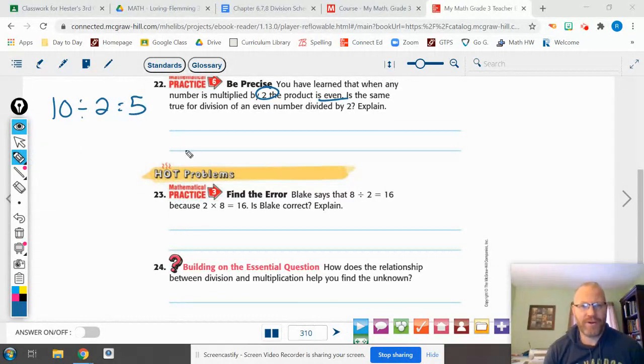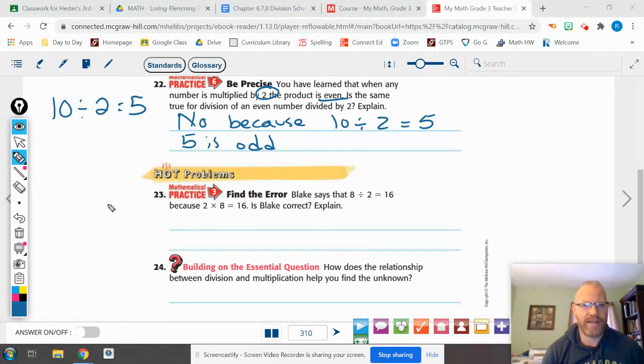No. So in this case, no, because 10 divided by 2 equals 5. 5 is odd. So the answer to a division problem dividing by 2 is not always going to be even.